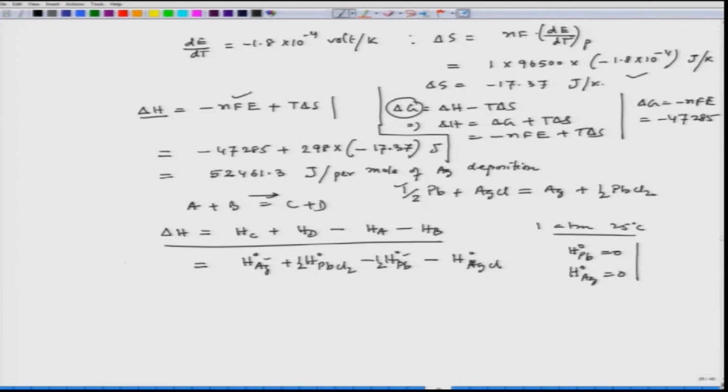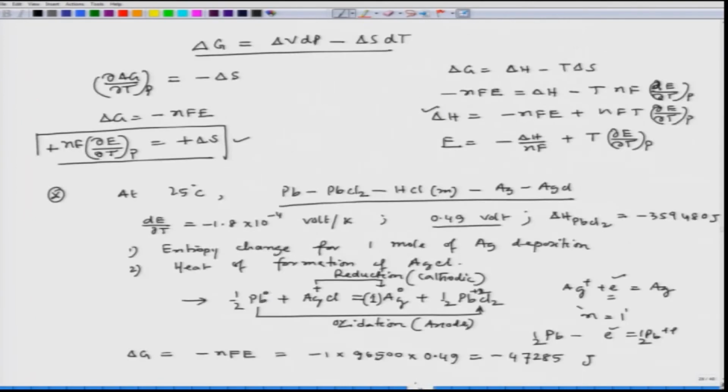Now, we know this value, sorry, there is a minus sign missing. So, minus 52461.3, this is the heat of reaction, and then it is equal to 0, this is minus, we know this value was this.